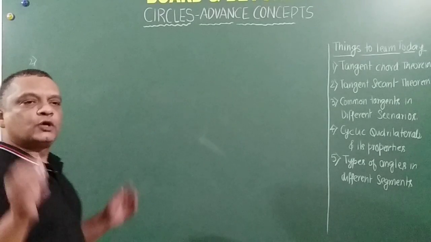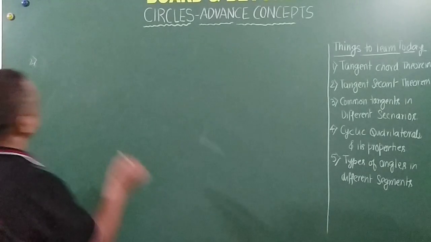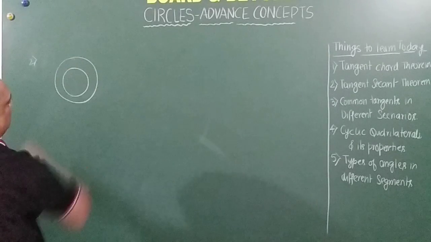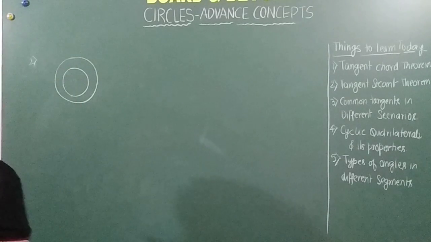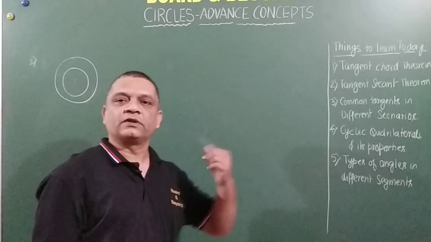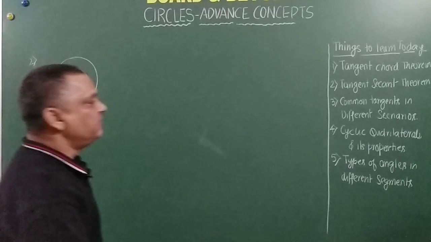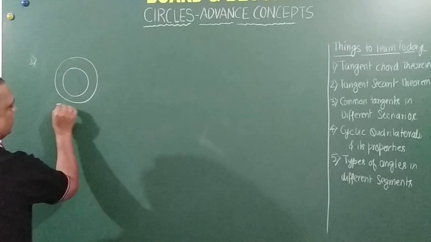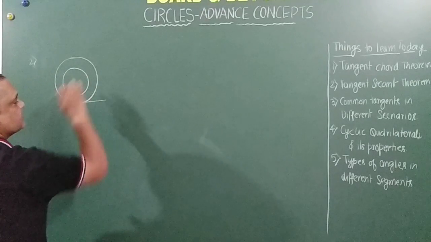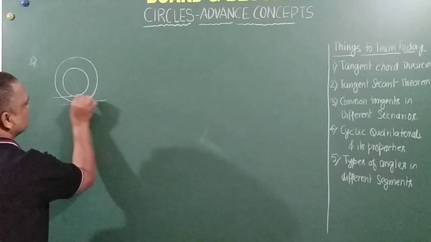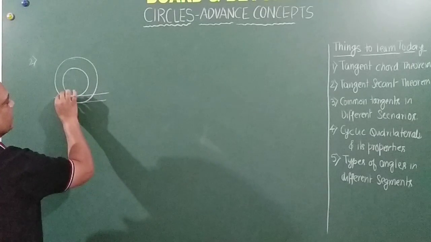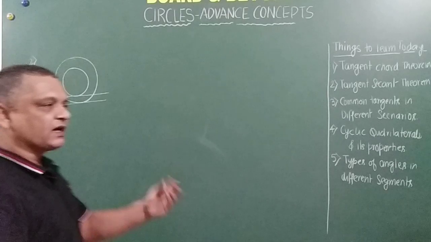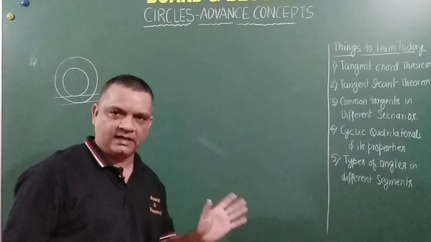Now let us say there are two circles and both are concentric, something like this. Right? The center is the same. How many common tangents can you draw for these two circles? We cannot actually draw even one common tangent, because a tangent to one like this will not touch the second circle, and a tangent to the second circle like this will become a secant or a chord for the other circle. So if two circles are concentric, we will not have a common tangent.